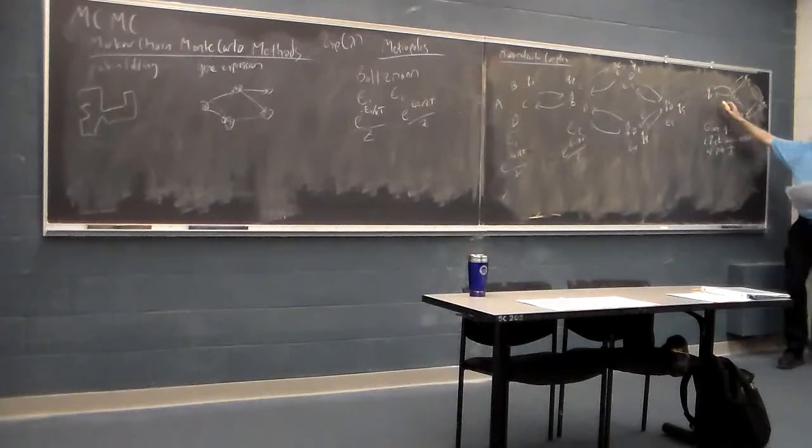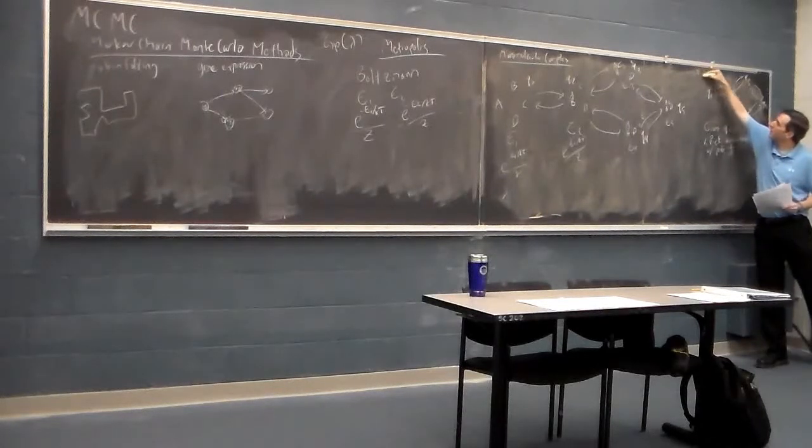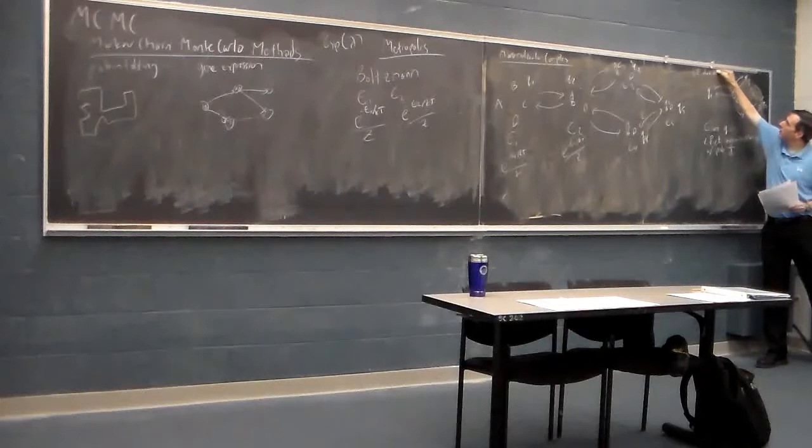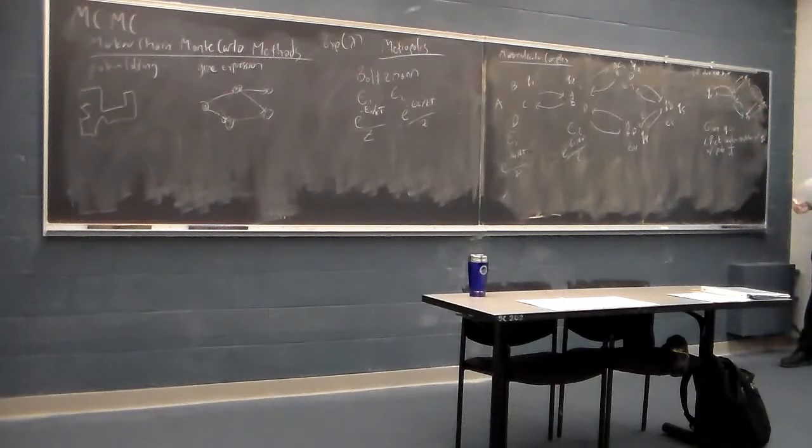And d here we will define to be the maximum node degree. The maximum node degree is simply the maximum number of neighbors in the graph. So what would be the maximum node degree for this graph? 3. Q2 has 3 neighbors, so that would be the maximum here.